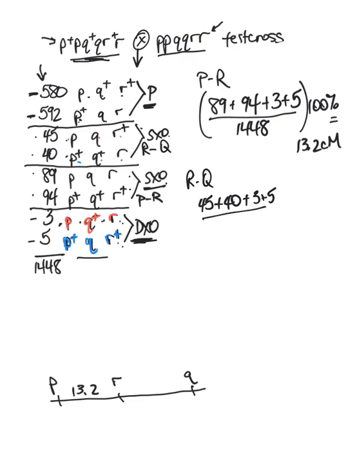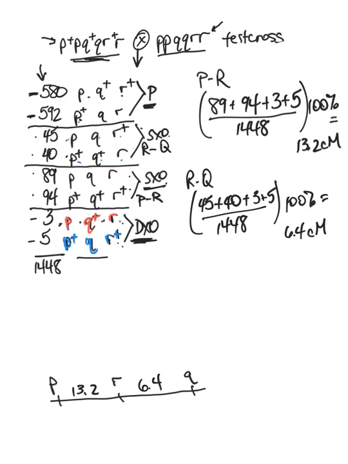Divide by my total, 1448, and multiply by 100 to express as a percent. That comes out to be 6.4 centimorgans. So that is 6.4 there.